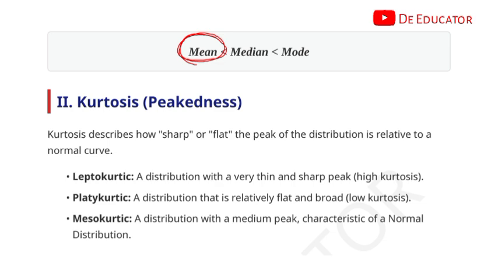Now the next one we're looking at is kurtosis, which is the peakedness. Kurtosis describes how sharp or flat the peak of a distribution is relative to a normal curve. So basically, for your level, what you should know now is the theoretical aspect of all these things.